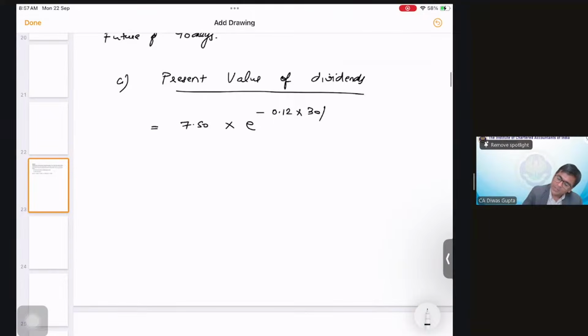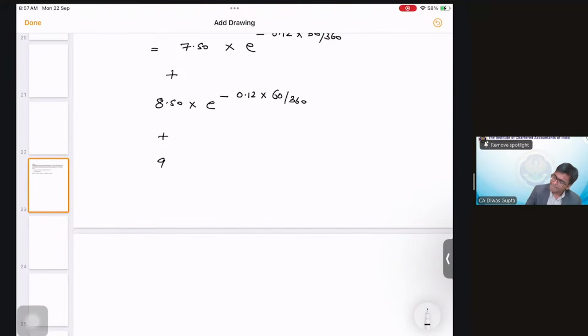No. So let's say it is 360 days, plus 8.50 into e raised to the power minus 0.12 into 60 days divided by 360, plus 9 into e raised to the power minus 0.12 into 90 days divided by 360.